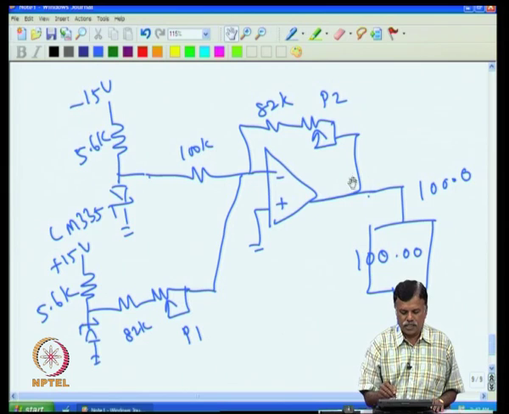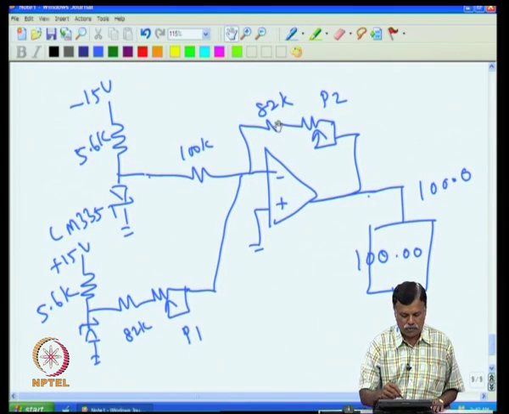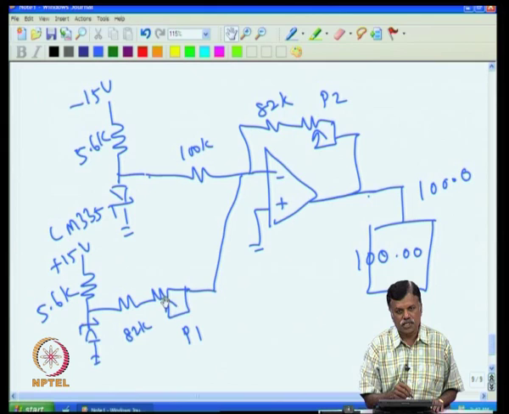If they change, for example, if the operational amplifier temperature changes, then its property changes, that produces a different output voltage. Similarly, the resistance values may change with temperature, this resistance may change, and this resistance may change with temperature, this also will change.